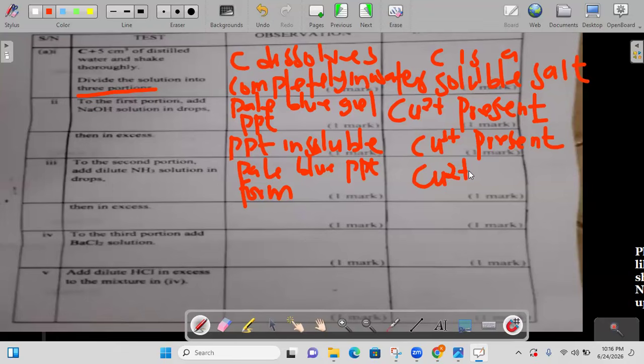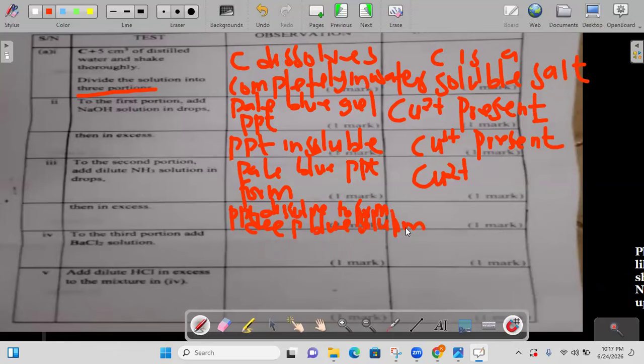What happens when you pour in excess ammonia? The PPT dissolves to form a deep blue solution. It will dissolve.